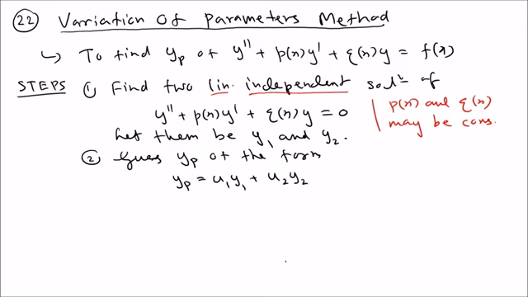For the non-homogeneous equation, we have one other term. If you have the homogeneous, it's only u1 y1. But when you have non-homogeneous, we add one more term. So the goal is to find this u1 and u2.